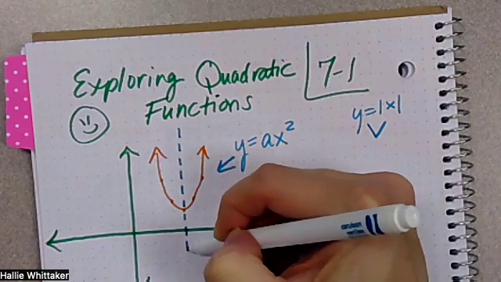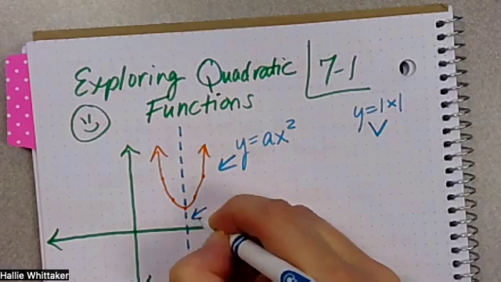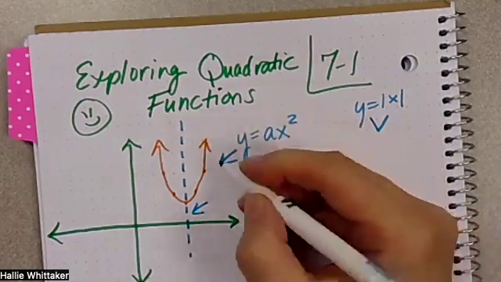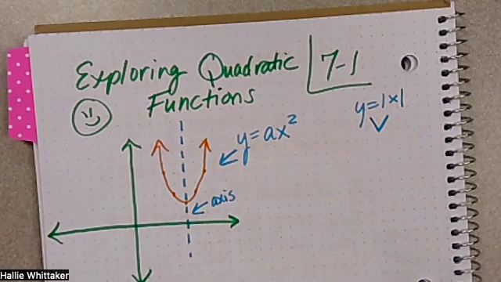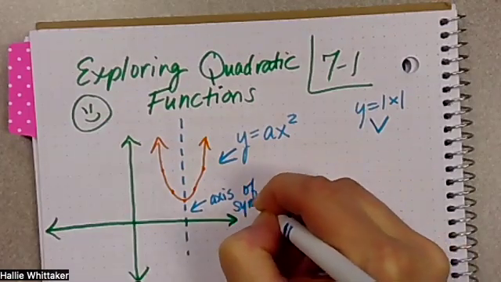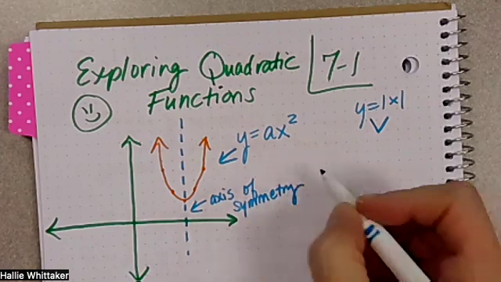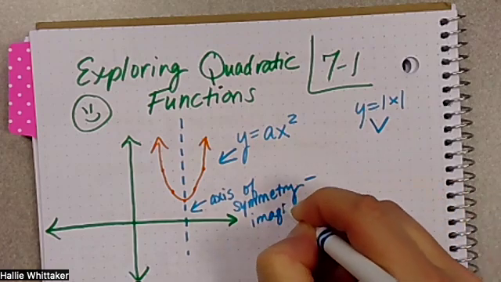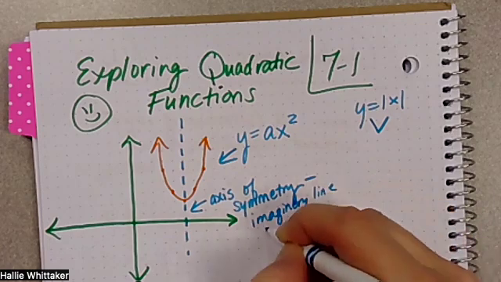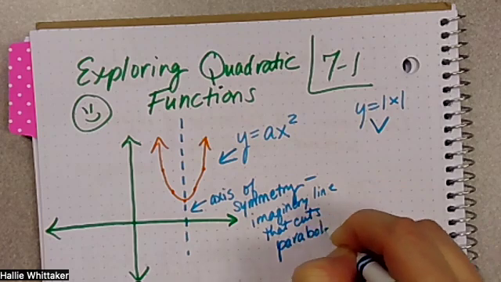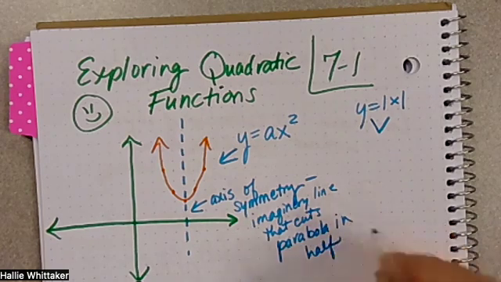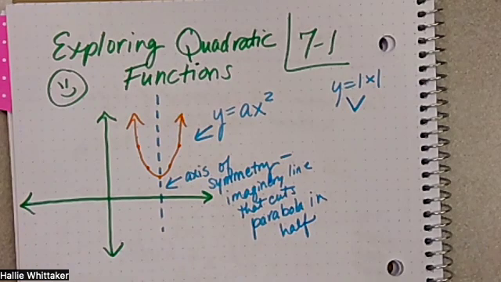And you will get into this probably a lot more in Algebra 2. Actually, I know you do. There is an imaginary line that cuts through a parabola, and it's like it can fold over on itself. It cuts it in half. That is called the axis of symmetry. Okay, so we'll just say imaginary line that cuts parabola in half. I don't know exactly how much we're going to use that now, but they did mention it, so let's go ahead and get familiar with it.